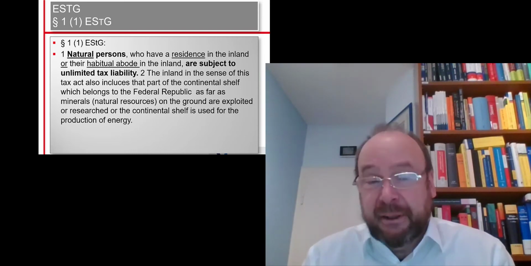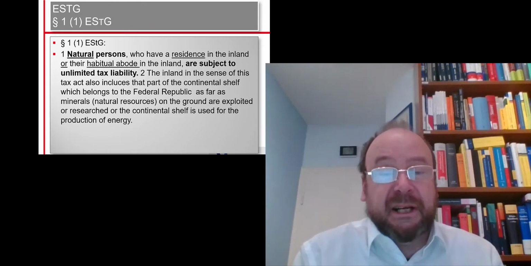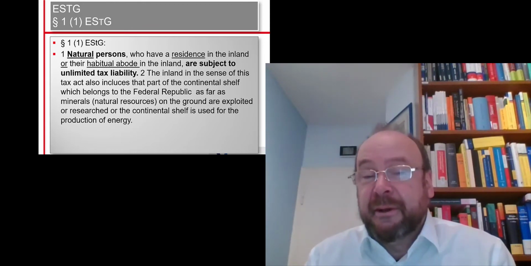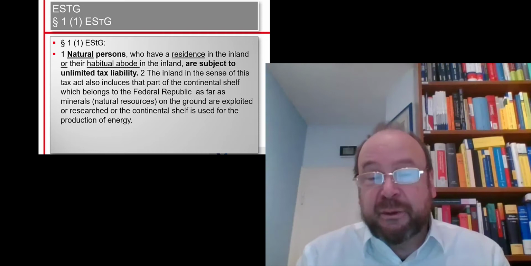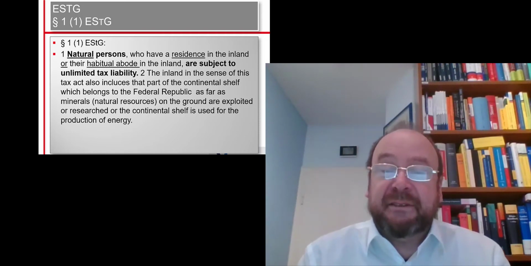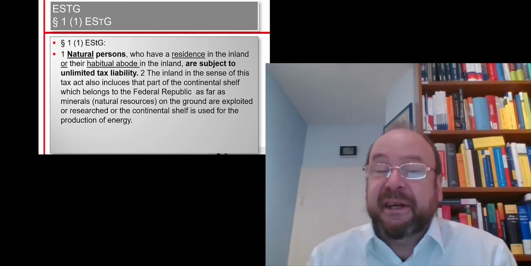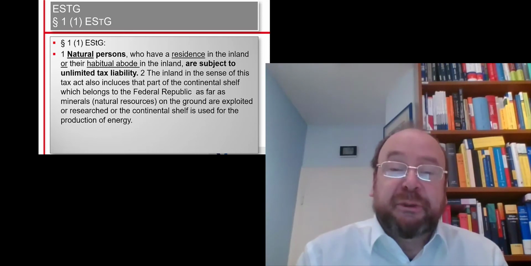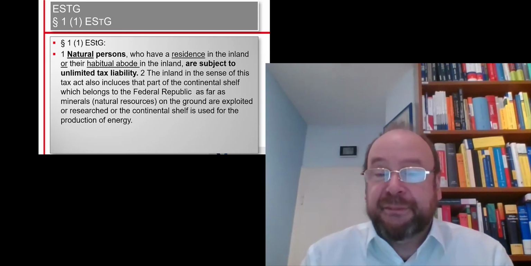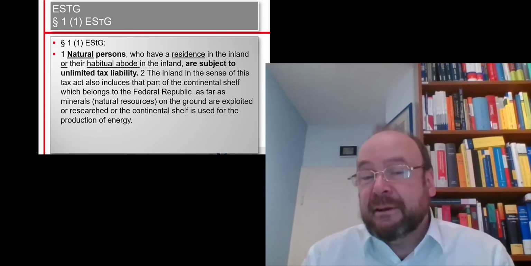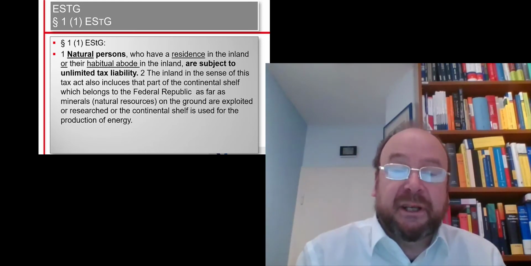That can't be. So you have a supplementary, a subsidiary criterion, which is tested. If you have no residence in the inland, then they ask you if you usually stay in the inland. That's nicely put, the habitual abode.